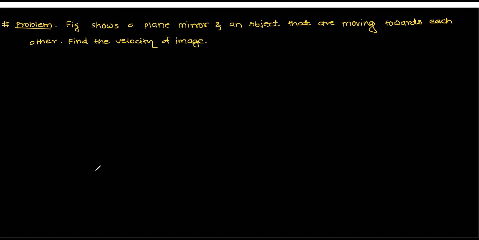So let's see first what is the diagram they have given, and then we will solve the problem. So shall I draw here? I think this side will be better. Okay, so let's draw the given diagram here. I will not change color, because this is given in the problem. Very simple, you should just understand which component you have to take. I will solve this one, don't worry, just go through this.